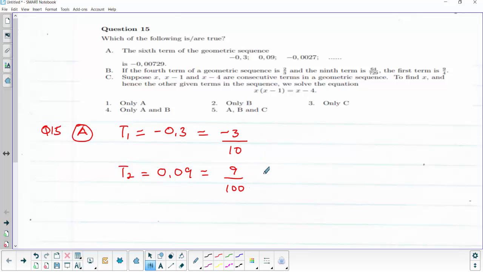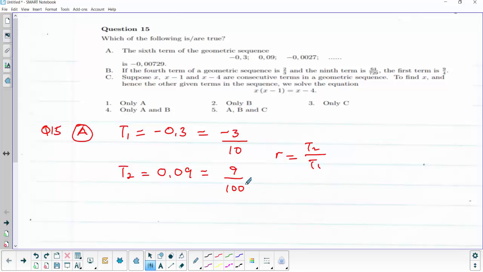From here, we can determine our common ratio, which is R. So our R is going to be T2 divided by T1. No, it can't be T1, it's supposed to be T2 divided by T1.